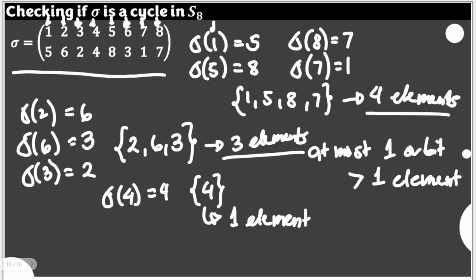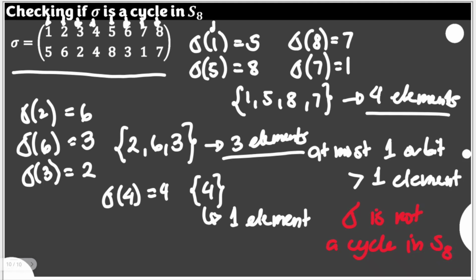Since we have 2, not just at most 1, we can now say that the permutation sigma here is not a cycle in S8.